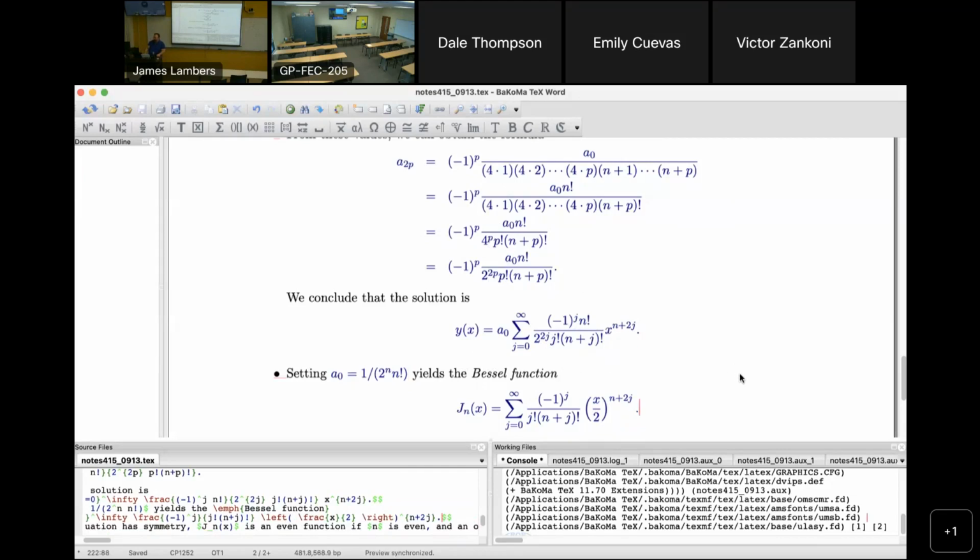Any questions about the finalizing of that? Yeah, for physical purposes, the nodes of the function. Okay.